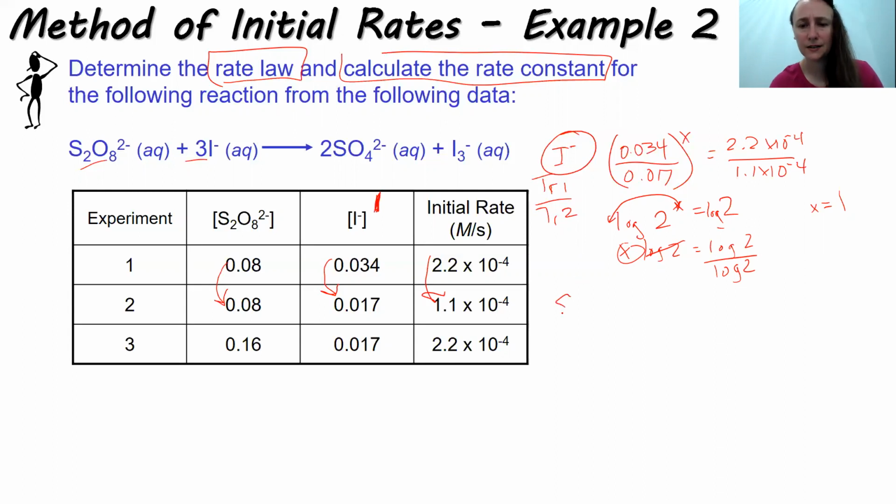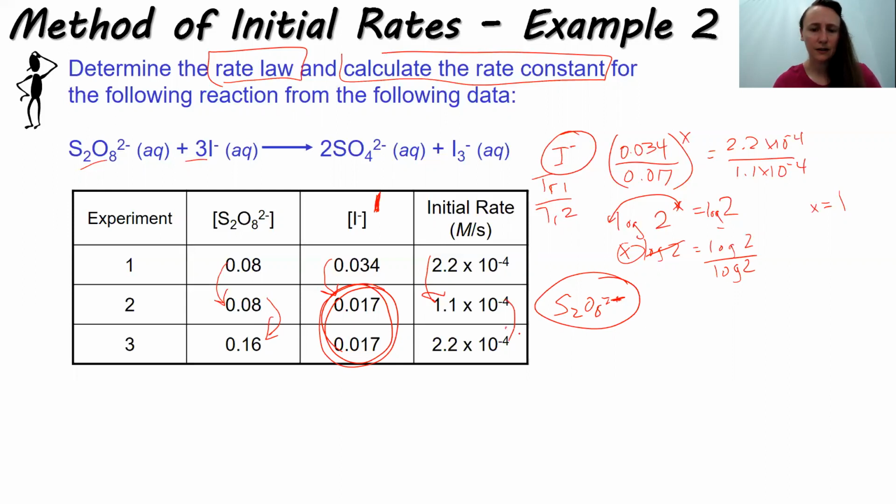So if I do the S2O8 2 minus, I am going to identify the two trials that I need. So I see that the I minus is being held constant in trial 2 and trial 3, and my concentration of the first reactant is increasing.